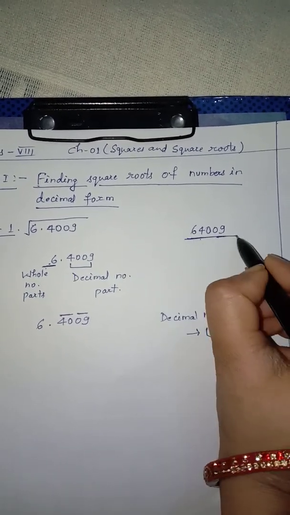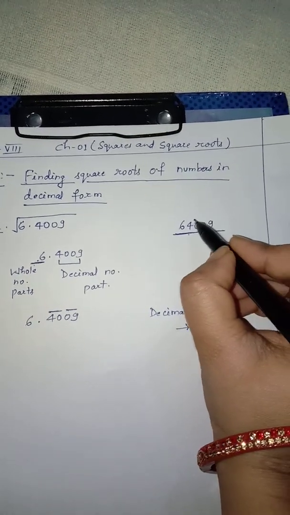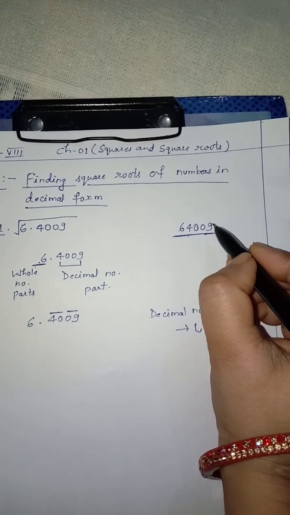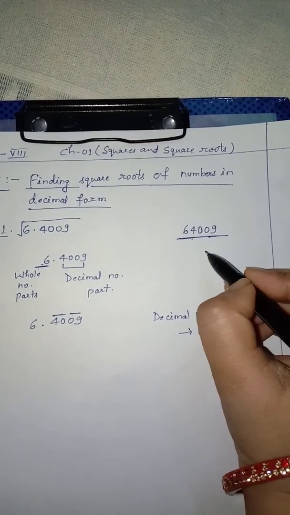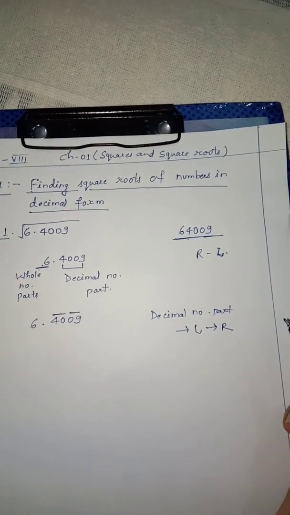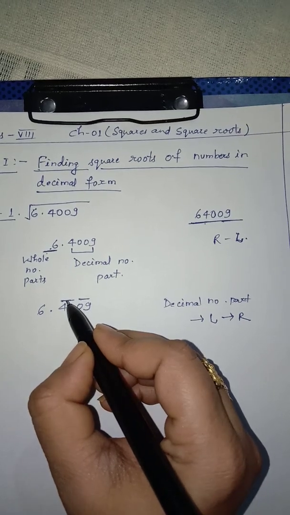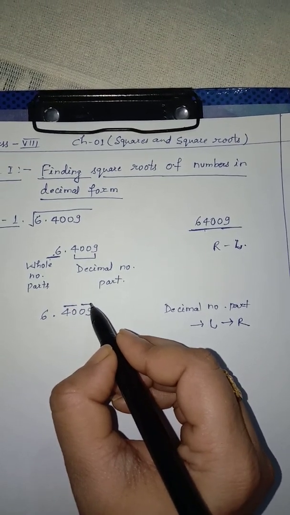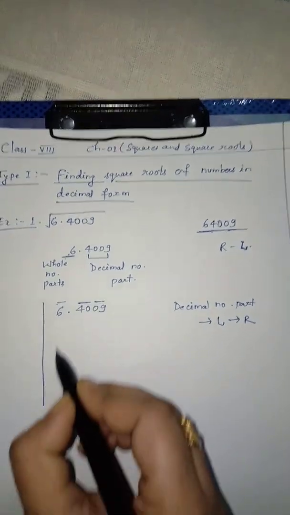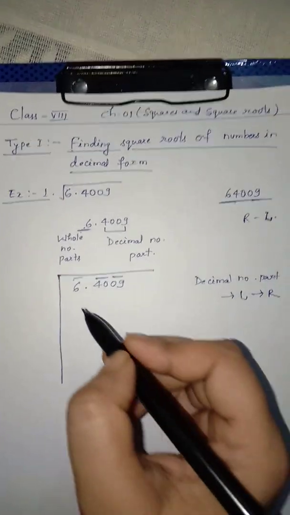If it is in this form, how can we mark pairs? From right to left. If there is no decimal, we mark pairs from right to left. But in the decimal number part, we have to start from left to right. And we will follow the same steps that we followed in the long division method.